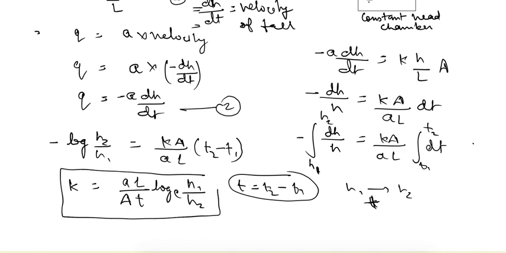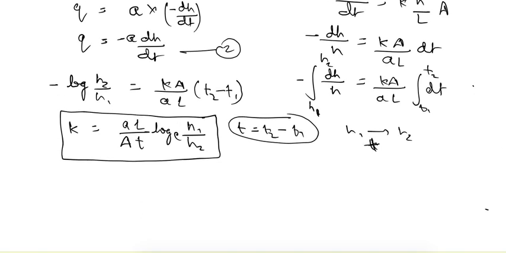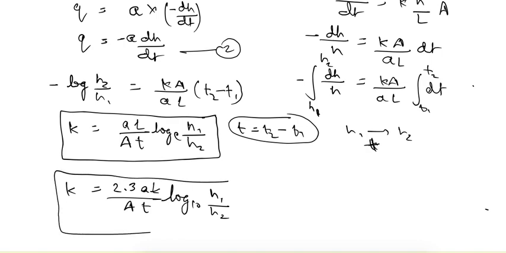So this is the value of coefficient of permeability, and if we want to write it in log base 10, in that case it will be equal to 2.3 aL by At log 10 h1 upon h2. So this way we can find out the coefficient of permeability in the lab.